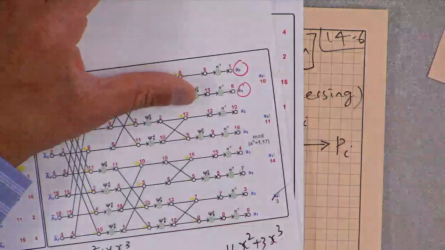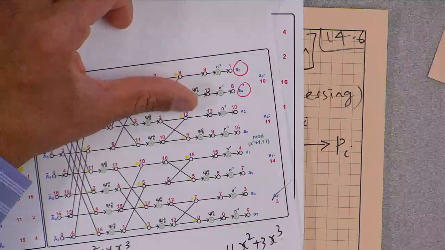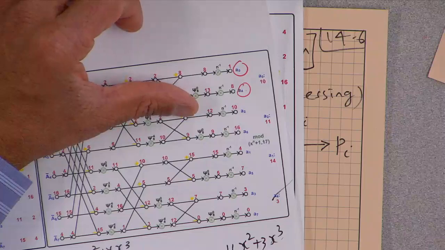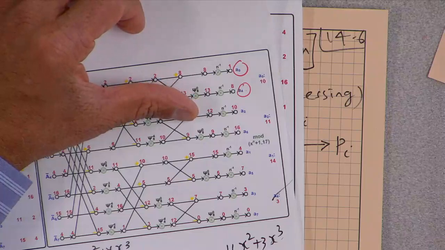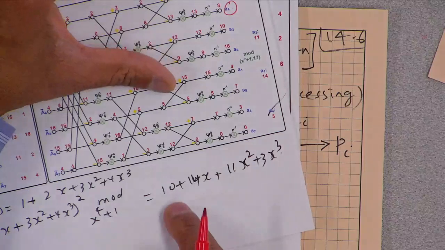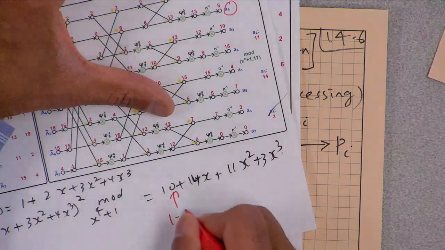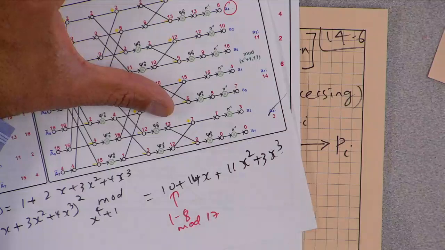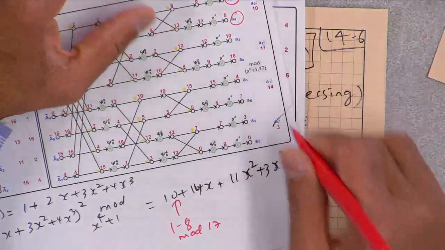It should be A0 minus A4. Okay, yes, A0 minus A4. So 1 minus 8, minus 7 mod 17, which is 10. Okay, so check all these things.